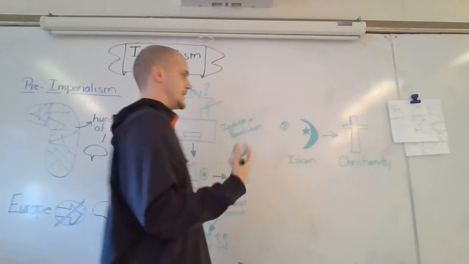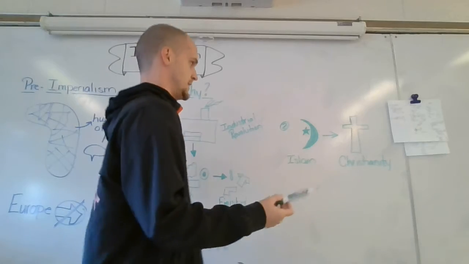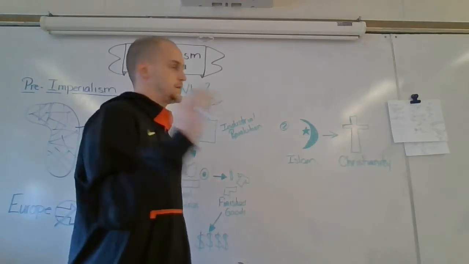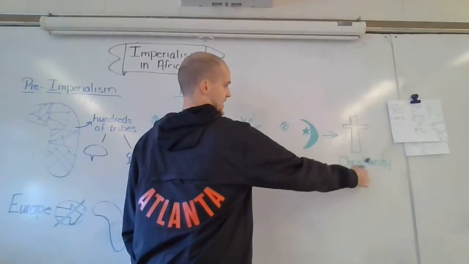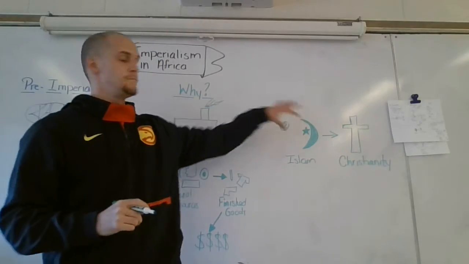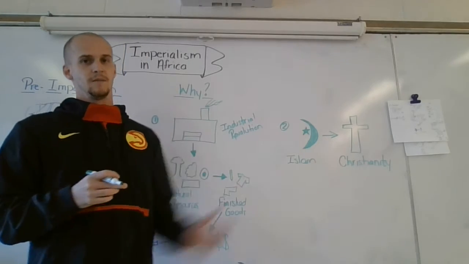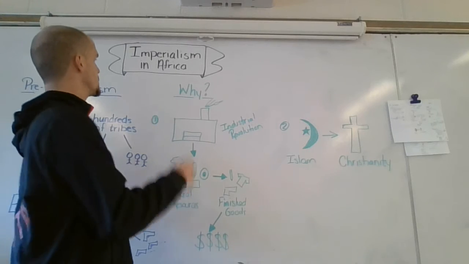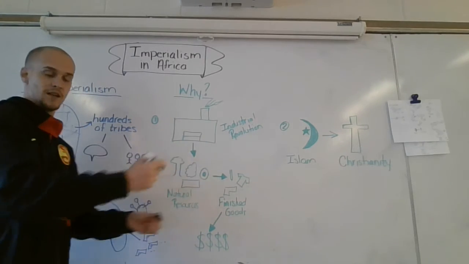The reason being that if there's anything that people will fight over, it is religion. So in the event that a religious war were to break out, the Europeans wanted to have already converted people from Islam to Christianity so they would fight alongside them. So these are your two major reasons. Obviously, we discussed yesterday there are more than this, but these are the two major initial reasons why Europeans decide to go into Africa.